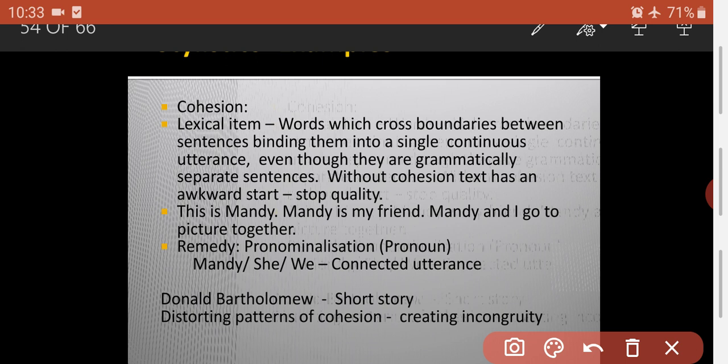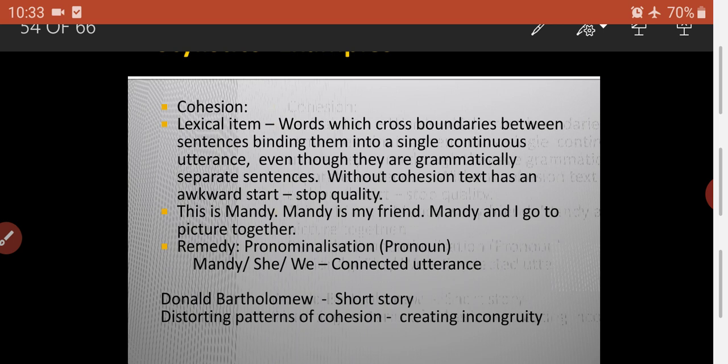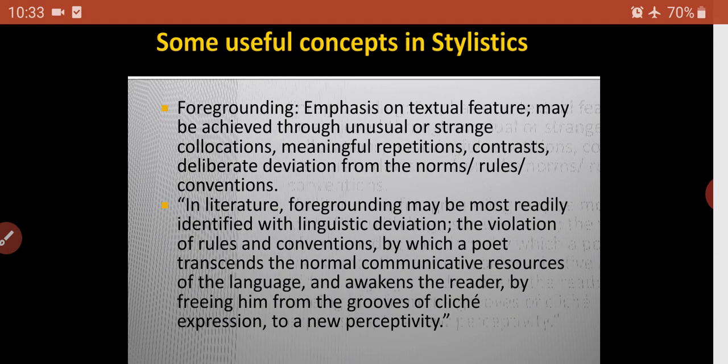Or if we go for a direct pronoun, we can use you. According to Donald Bartholomew, distorting patterns of cohesion creates incongruity in text, in narration. All right, so we move on to the next slide.